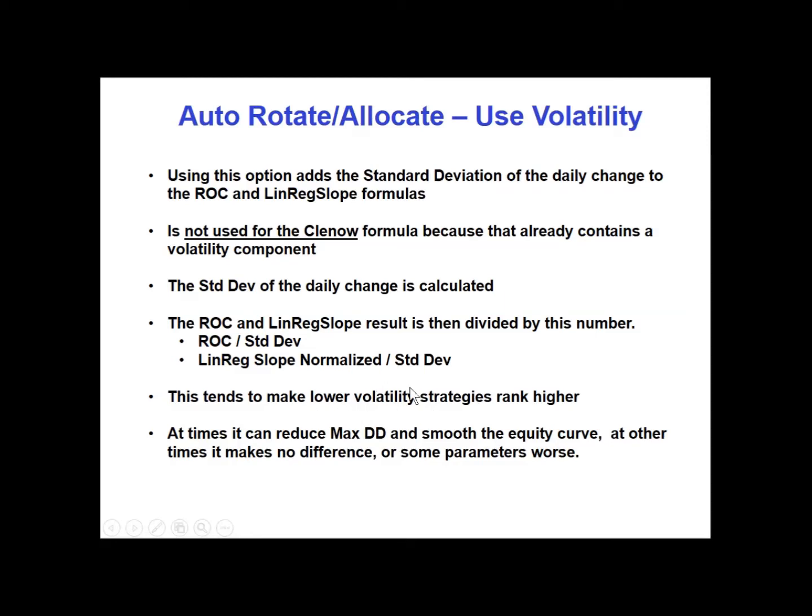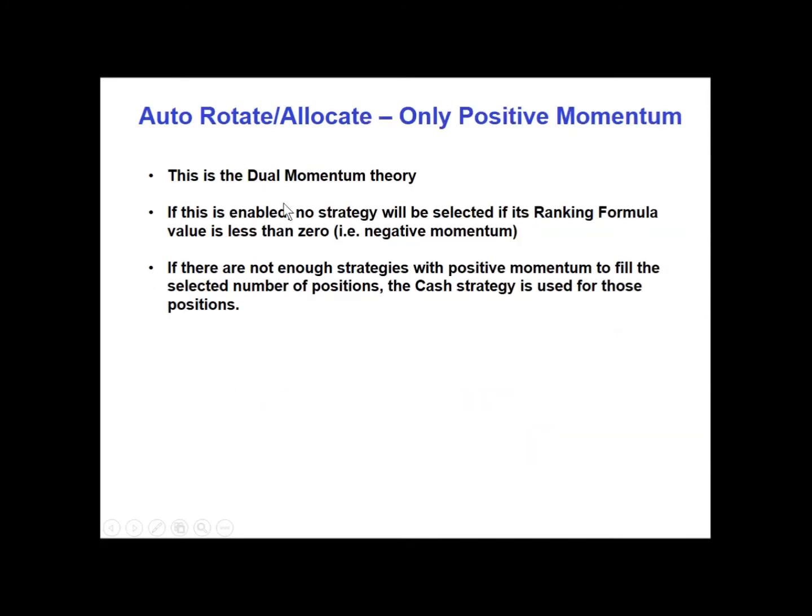Yeah. Okay, so this tends to make lower volatility strategies rank higher. It can, sometimes it reduces the max drawdown and smooths the equity curves. Other times it doesn't make any difference. Or sometimes it actually gets worse. Then there's the option to use only positive momentum, like the dual momentum theory.